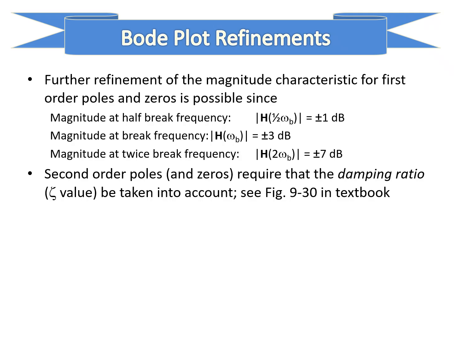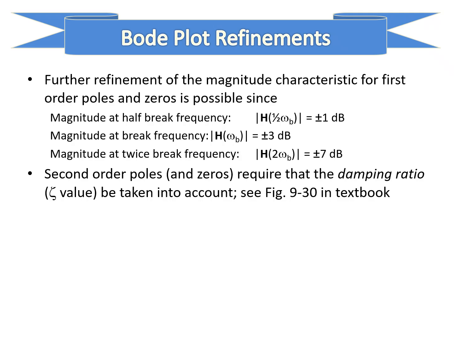Magnitude at break frequency, absolute value of H at omega b, is equal to plus or minus 3 dB. And then magnitude at twice break frequency, absolute value of H at 2 omega b, is equal to plus or minus 7 dB.